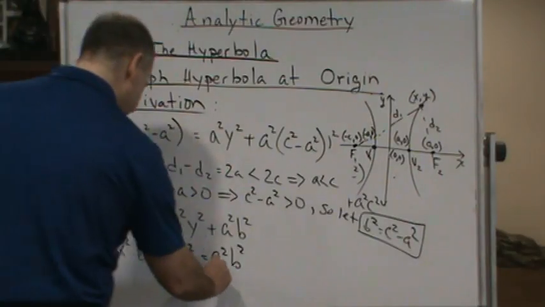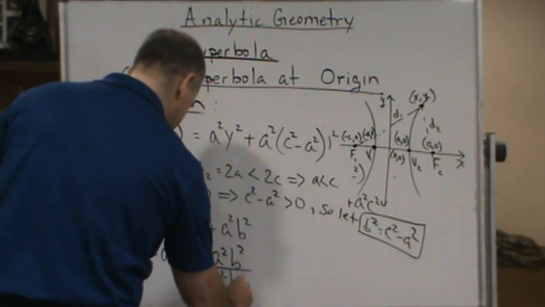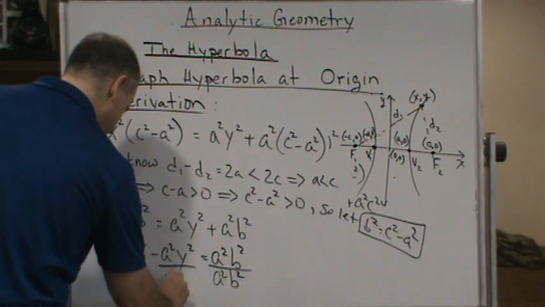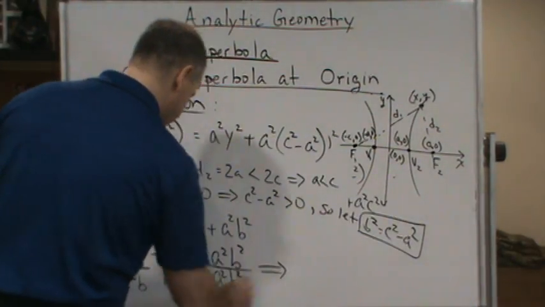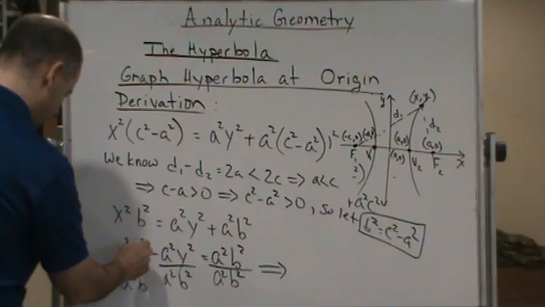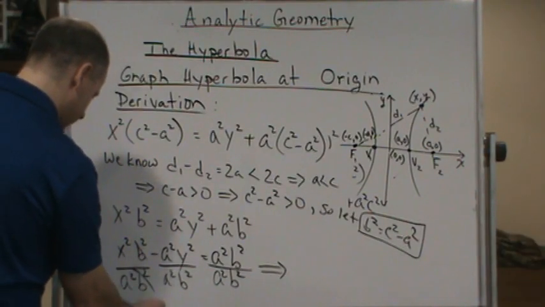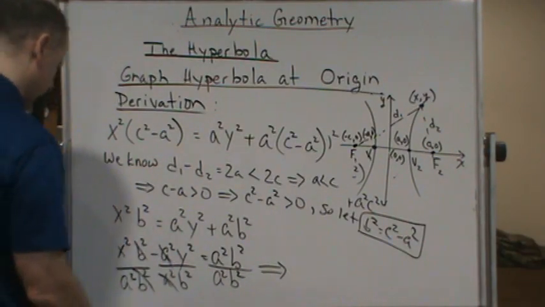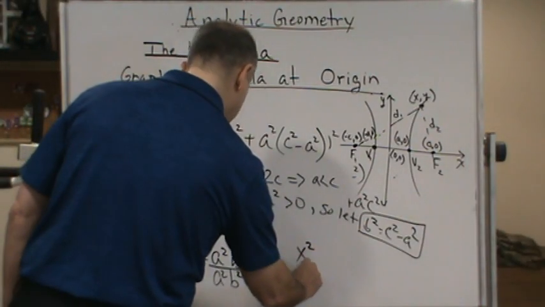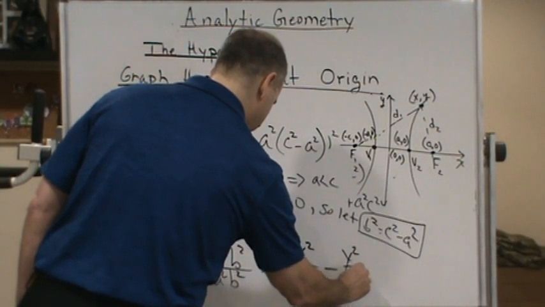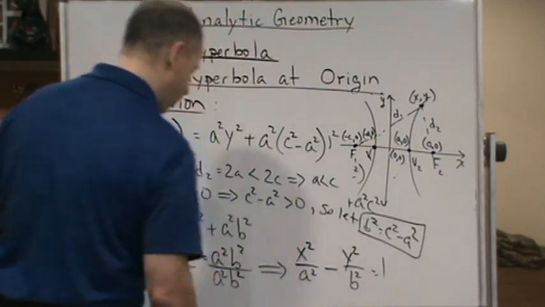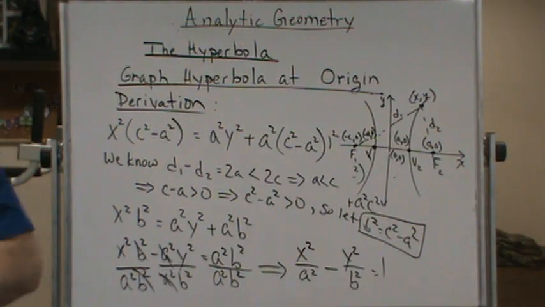And now if we divide everything by a squared b squared, we are done, because that gives us what? The b's cancel here, the a's cancel here, and so we end up with x squared over a squared minus y squared over b squared is equal to 1. And that is the equation of a hyperbola centered at the origin.